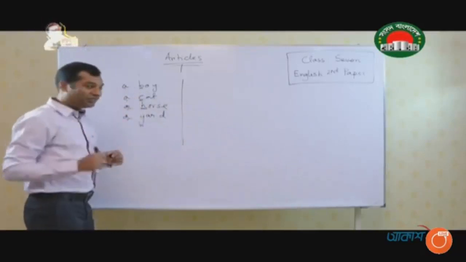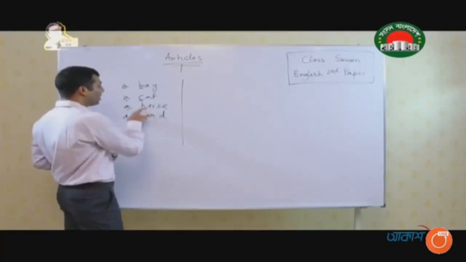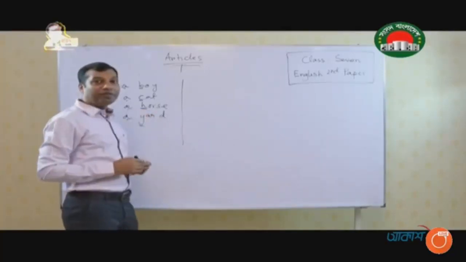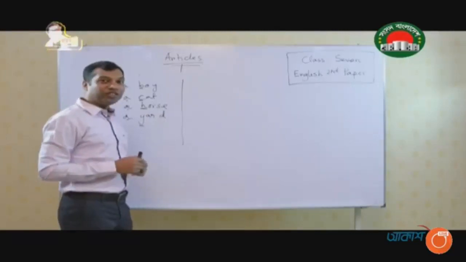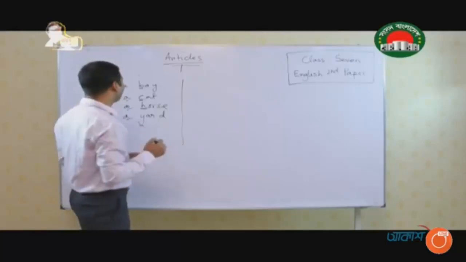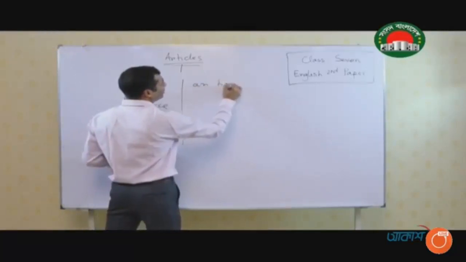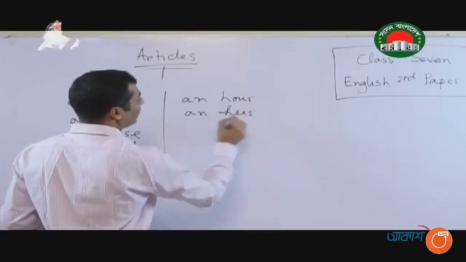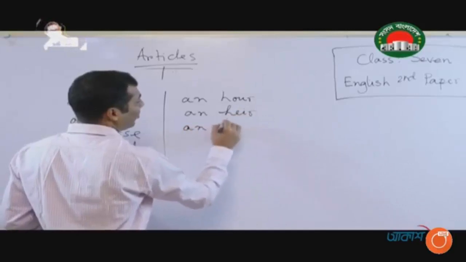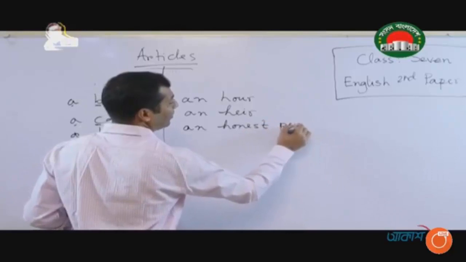But there is a difference. Sometimes you might have a consonant letter, but the consonant remains silent and the vowel sound is pronounced. So in this case you have to use an. For example, an hour, an heir, an honest person.